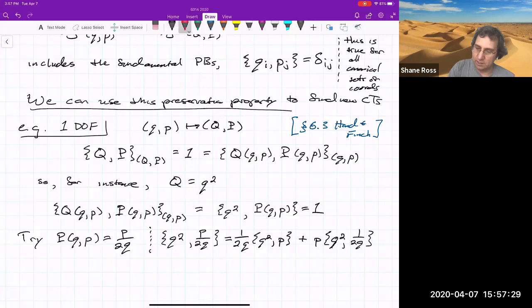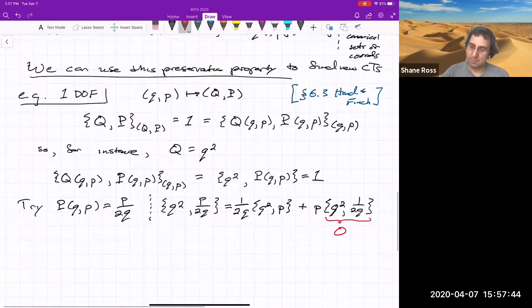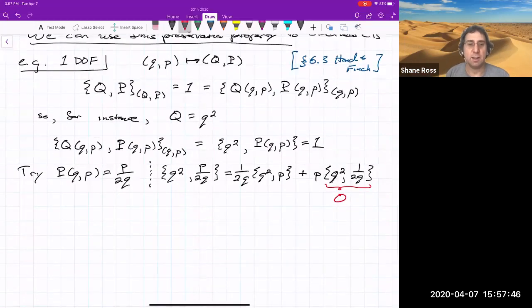This thing on the right-hand side is going to boil down eventually into something that's multiplying the Poisson bracket of q with q. And the Poisson bracket of anything with itself is 0. So you do some algebra, do some Lie algebra, it becomes 0.